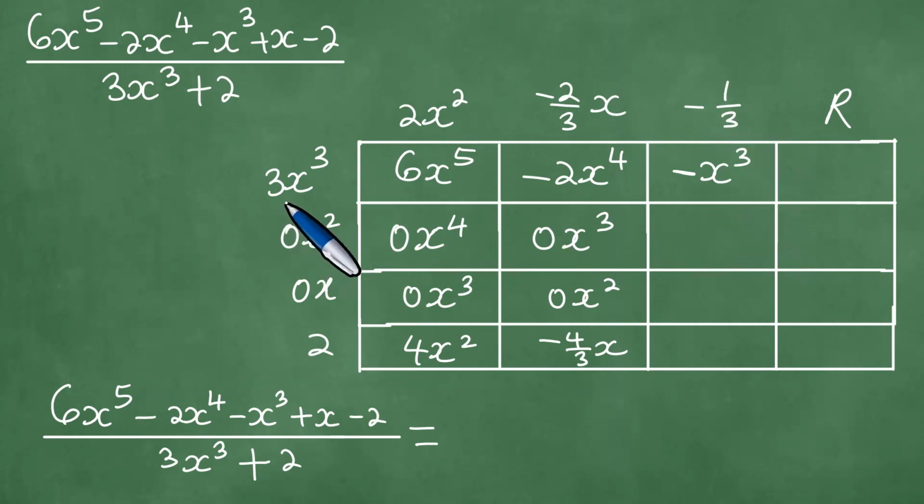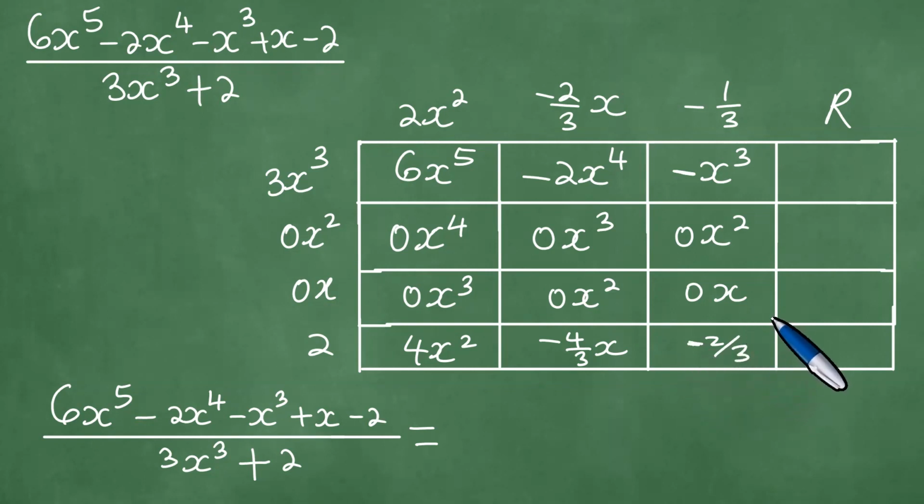So if you multiply 3x cubed by minus 1/3, you get minus x cubed. 0x squared by minus 1/3 is exactly 0x squared. 0x by minus 1/3 is 0x. Now if you have 2 by minus 1/3, it is minus 2/3.